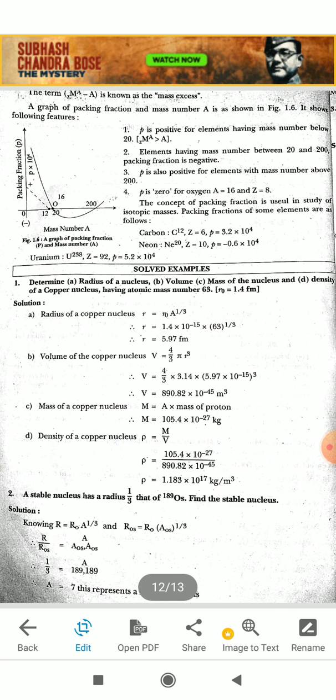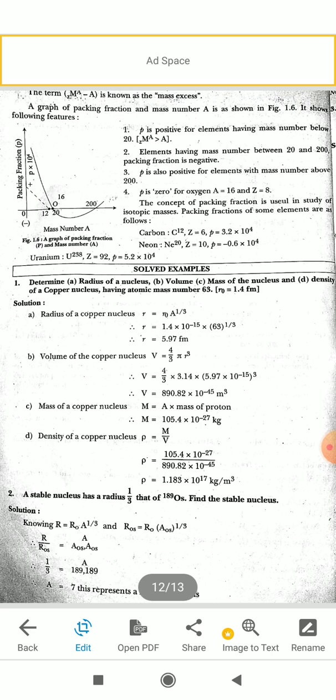From this packing fraction concept, we can draw a graph of packing fraction P versus mass number A. The graph is exponential, decreasing with increasing mass number, and at a particular mass number, at about 20, the packing fraction is 0, after that it goes negative, and after that it increases again. From this graph we can show some features.